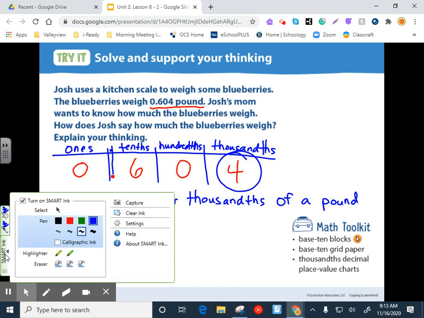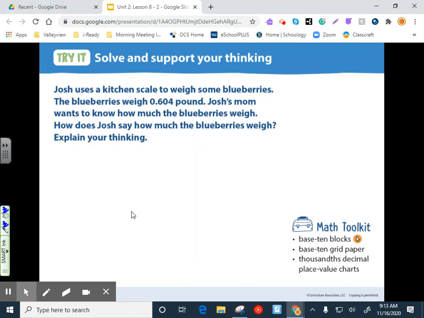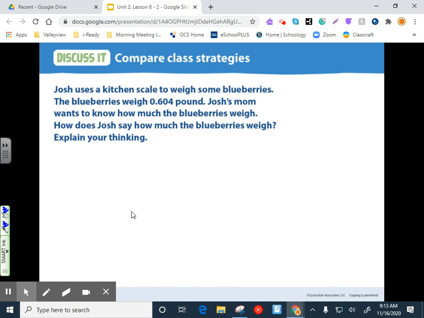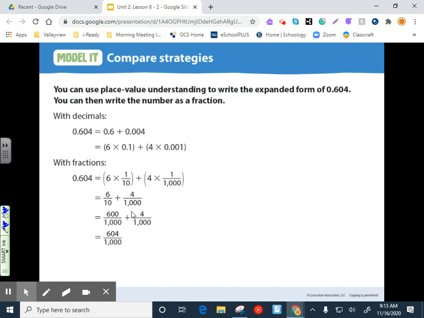Okay, turn the page, please, to page 150. All right, and this just breaks down basically how we just did it. You can use place value understanding, write the expanded form, and you can do expanded form with decimals, like we did with the IXL the other day. Again, using the places here to multiply by it.